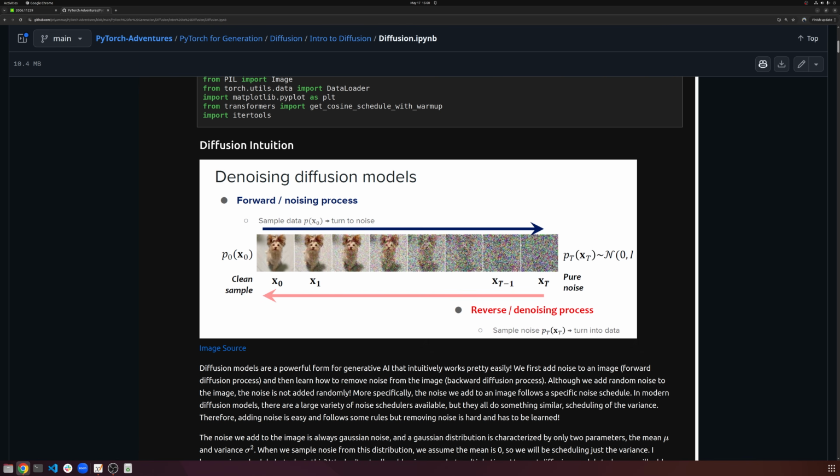Now, there's one small addition, an additional thing that we need to remember, and that's when we add noise one step at a time, we don't just add Gaussian noise, we have something known as a noise scheduler that determines how much noise we want to add. And essentially the noise we add is always just Gaussian noise. So it's just going to be regular Gaussian noise. And it's going to be zero-centered Gaussian noise.